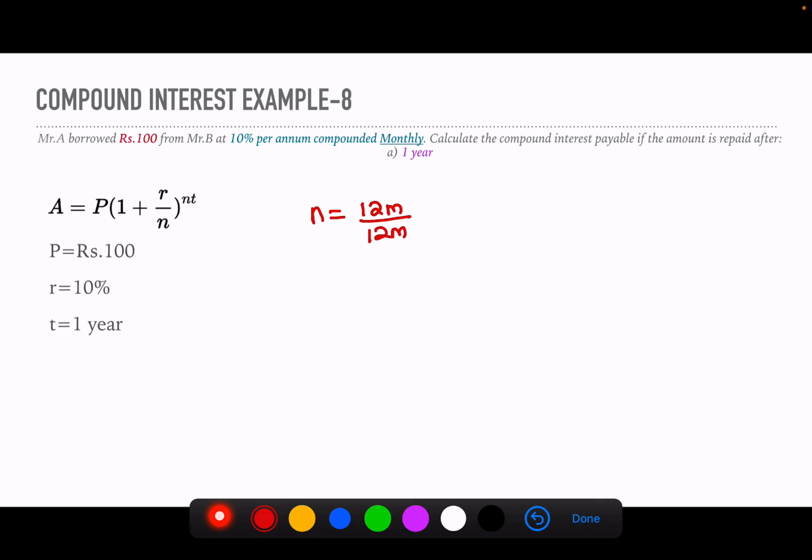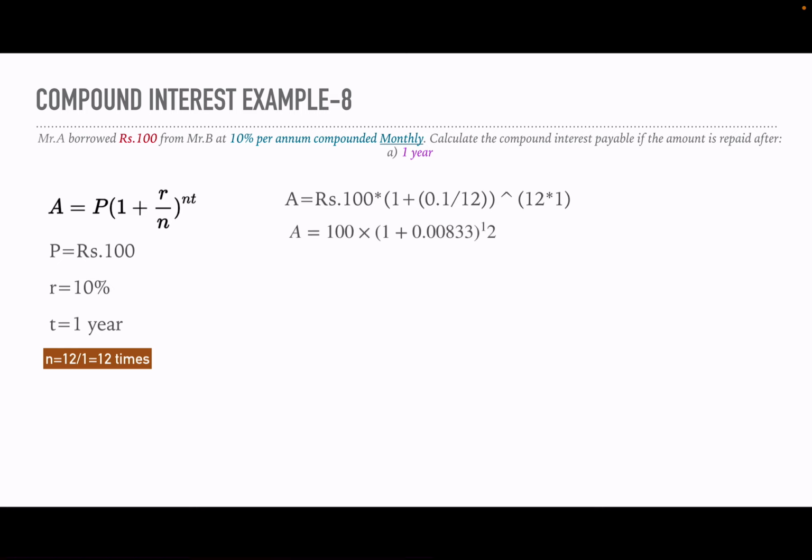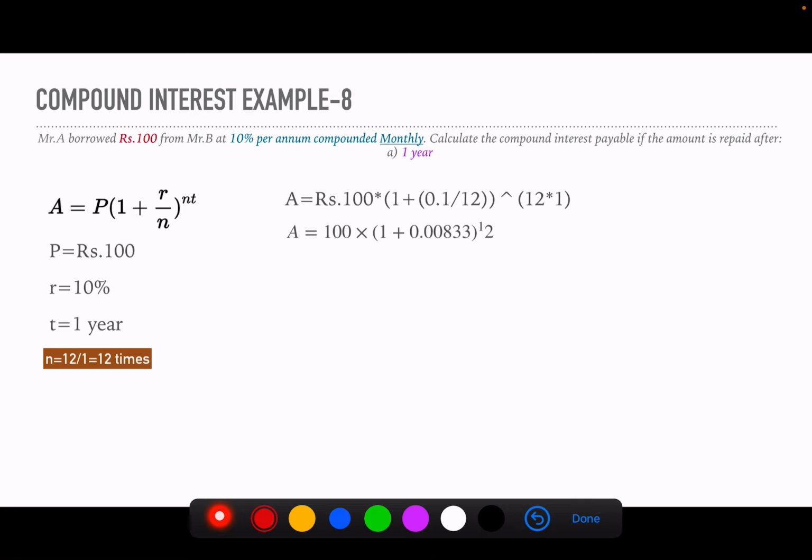Compounding occurs every month, and therefore compounding occurs 12 times during a year. Therefore N is equal to 12 divided by 1, which is 12 times. Okay, therefore A is equal to 100 into (1 plus 0.1 divided by 12), all raised to 12.